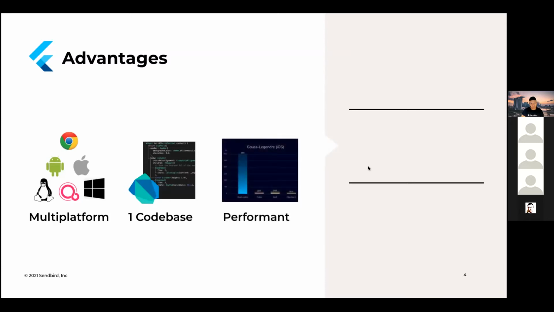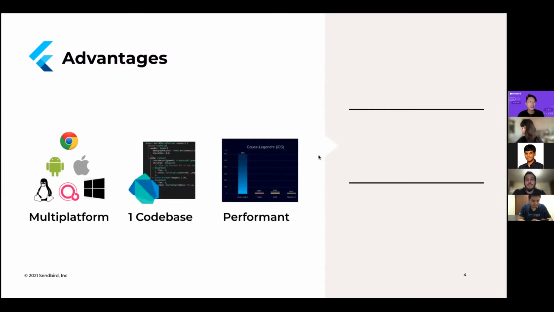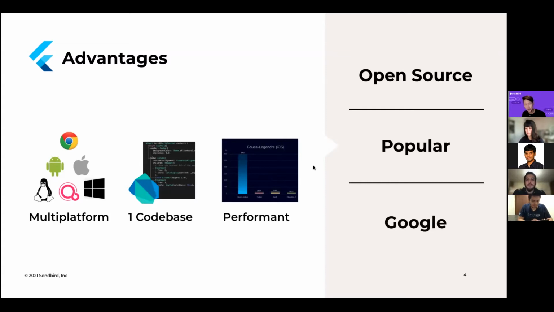And then one of the big reasons Flutter has become so popular is it's quite performant. Right, it's not as performant as native. That's very tough to beat, but it's marginally slower than native, especially compared to React Native, which seems to be several magnitudes slower than Flutter or native. And some other things that make Flutter really popular is it's open source.